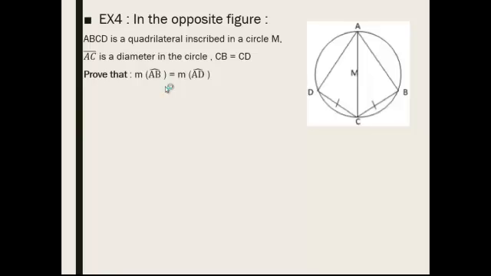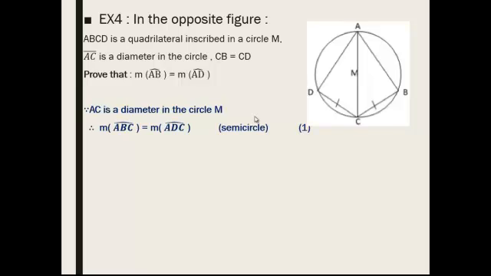I have another. In the opposite figure, AC is a diameter and chord CB equals chord CD. Prove that the measure of arc AB equals the measure of arc AD. Since AC is a diameter, I have a semicircle, then the measure of arc ABC equals the measure of arc ADC.